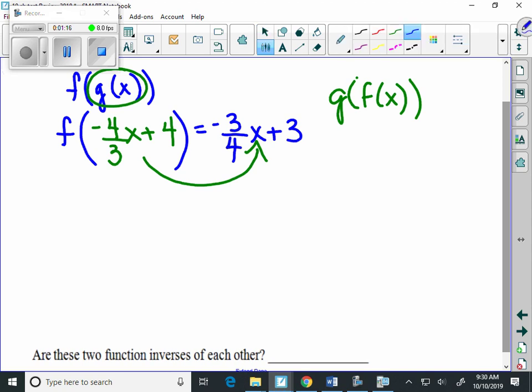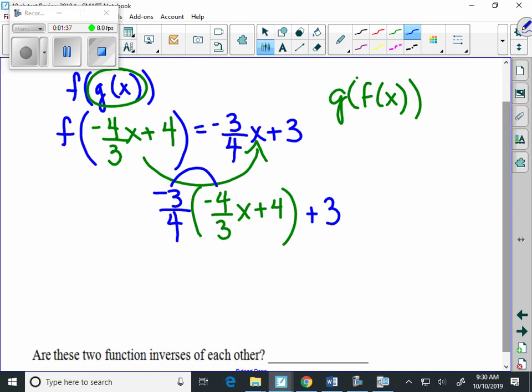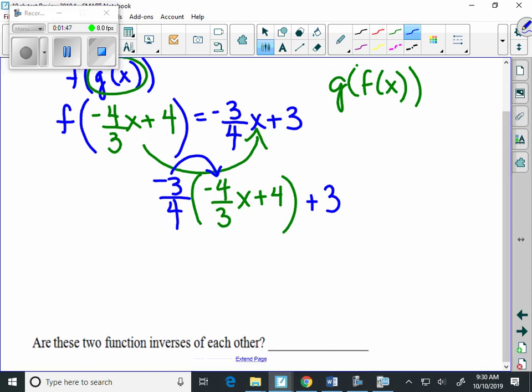It's going to become negative 3/4 times negative 4/3 x plus 4 plus 3. And you may want to use your calculator on this with the fractions. But believe it or not, when we distribute negative 3/4 to the negative 4/3, negative 3/4 times negative 4/3 is x.